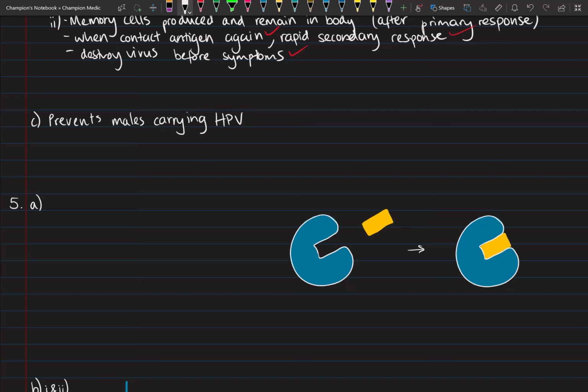Avoid using the word prevents males catching HPV, because it's specifically saying why it's important to give the vaccine to males. And also the second advantage is it prevents males passing on the virus to other females. Because you want to prevent the spread of this disease and keep it as limited as possible within the population.